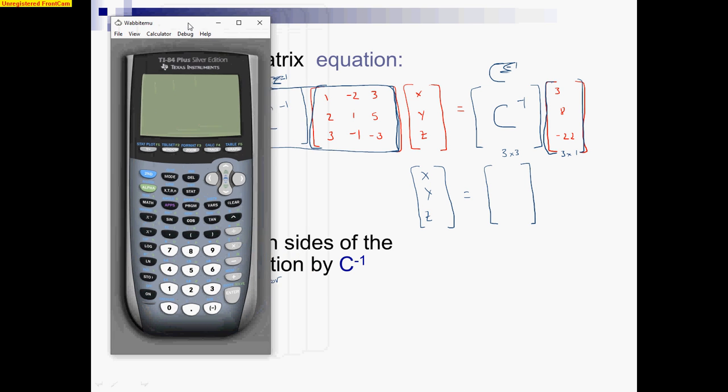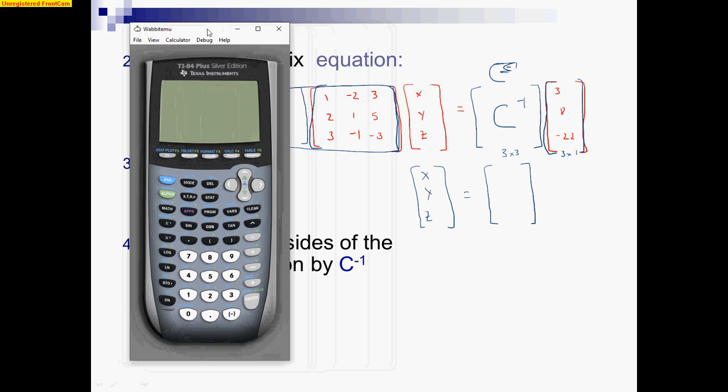I need to edit matrix C, and you can do whatever you want, but I'm going to do C as a 3 by 3. You can just put it in matrix A if you want. I like to be cute.